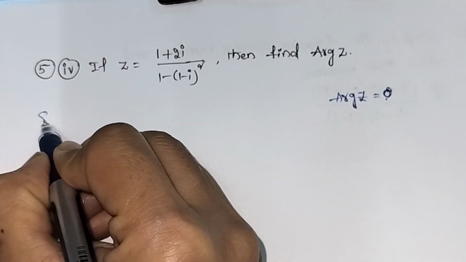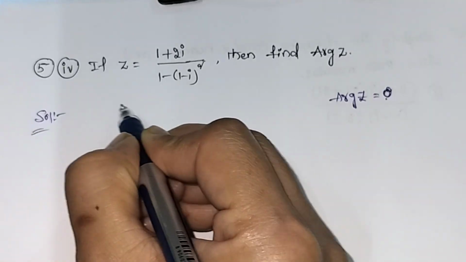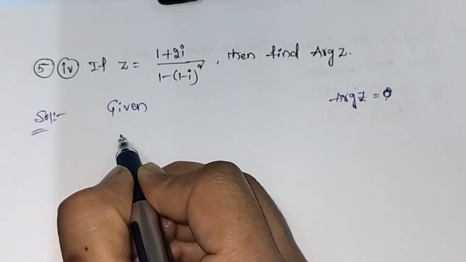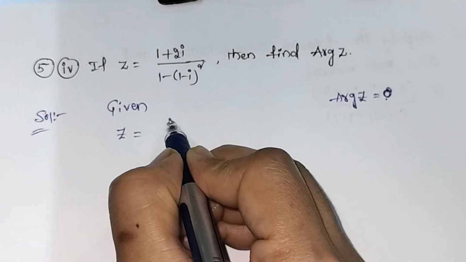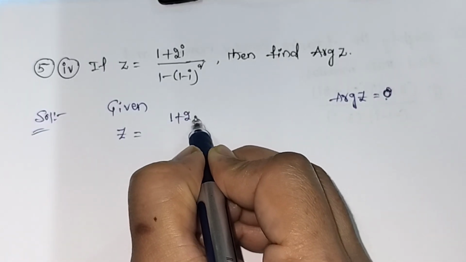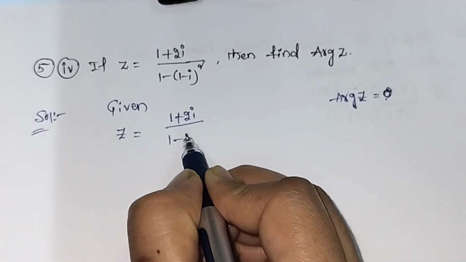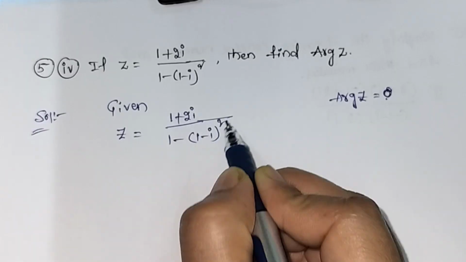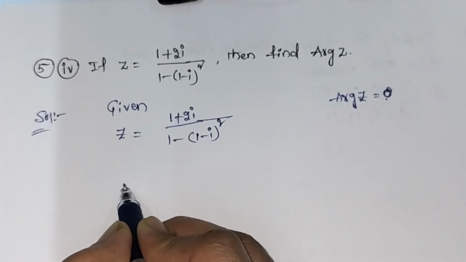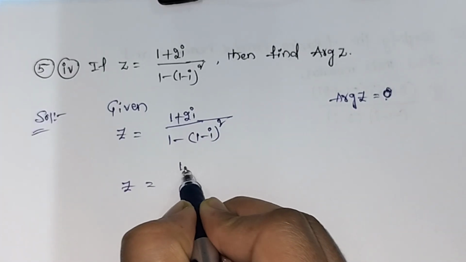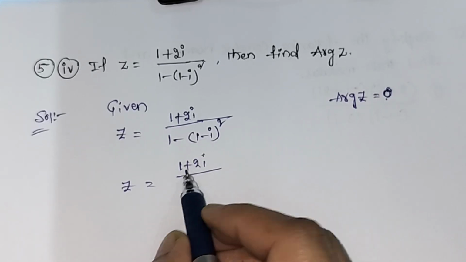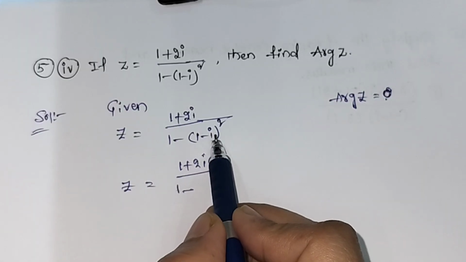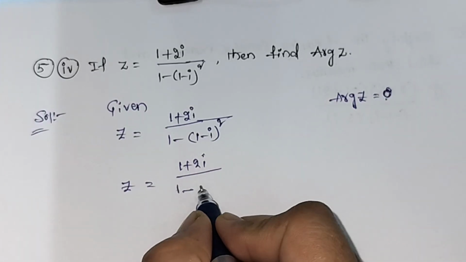Solution: given z is equal to (1 plus 2i) by (1 minus i) whole square. This is in the form (a minus b) whole square.